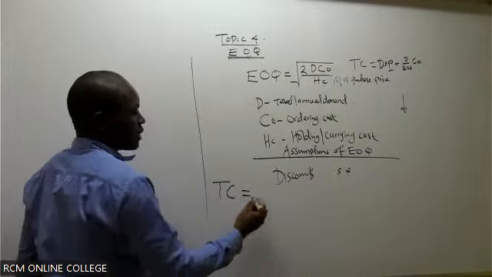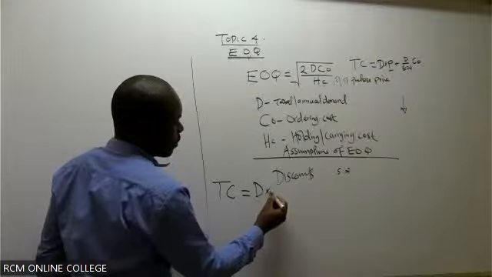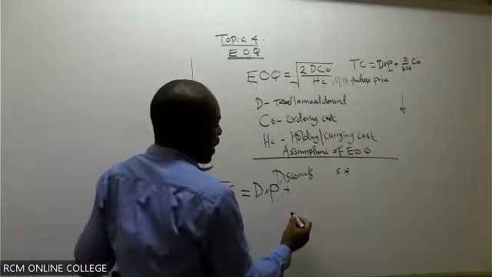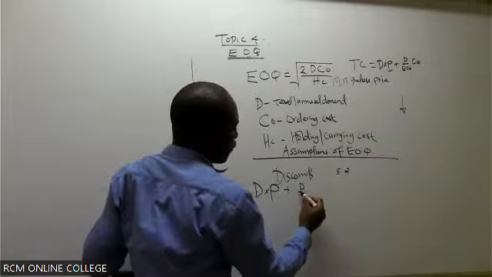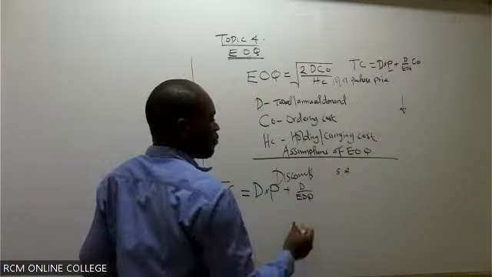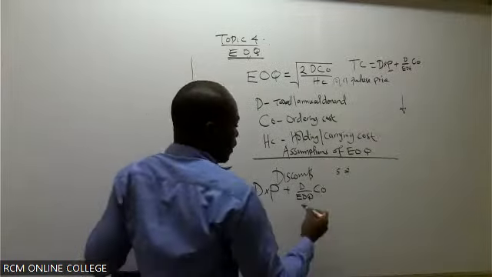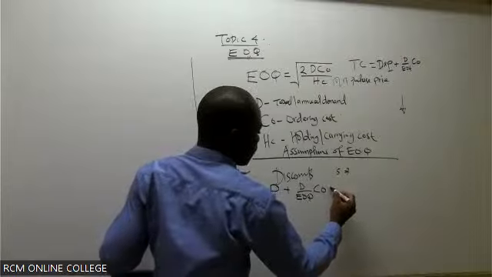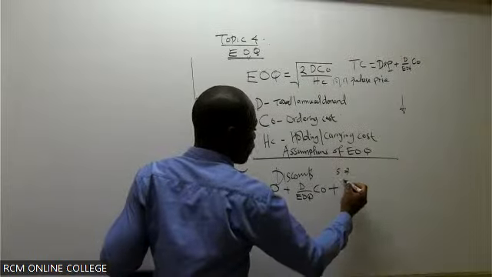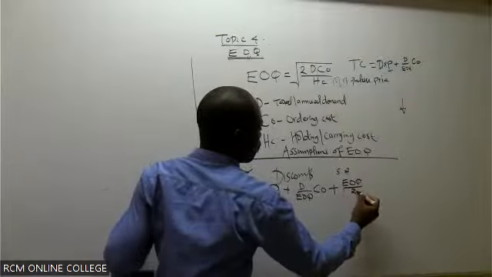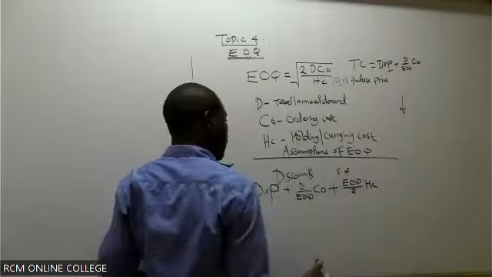is calculated as demand multiplied by purchase price, which will not change. Then to that we add demand divided by economic order quantity to give us the number of orders, then we multiply by ordering cost for each order. To that we add economic order quantity divided by 2, then multiply by holding cost.